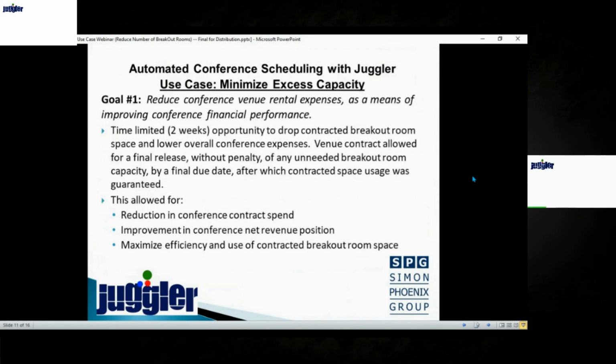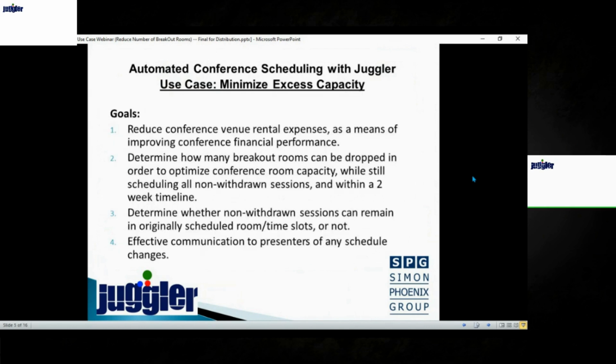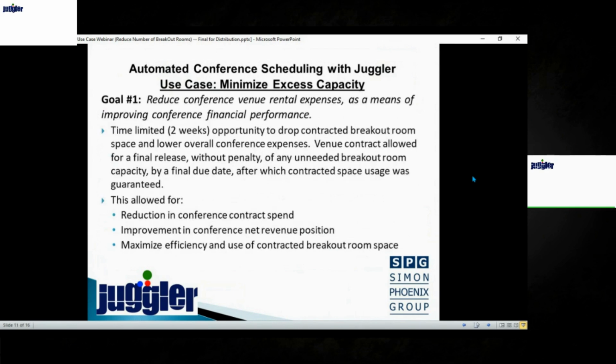All right, so I want to talk about these goals individually. The first goal being they're reducing conference venue rental expenses as a means of improving conference financial performance. So I noted that time-limited opportunity, that 2-week window to drop contracted breakout room space and be able to lower overall conference expenses.